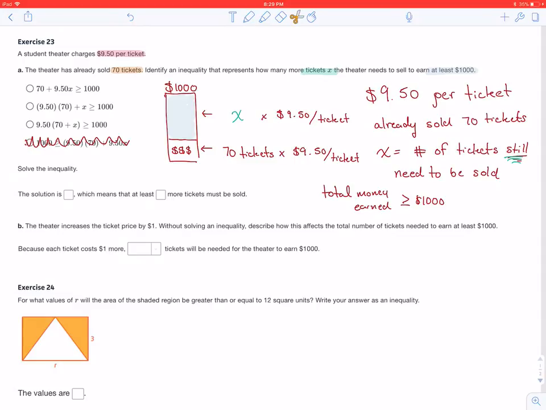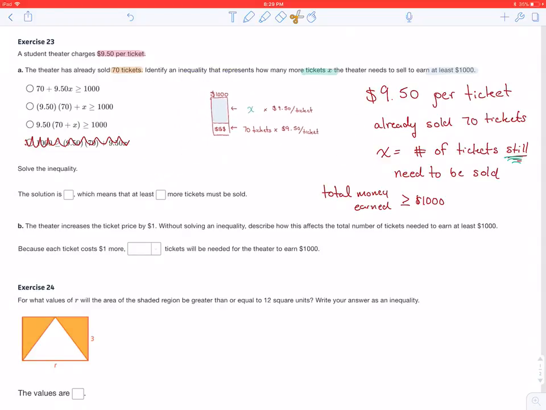Let me go ahead and make some space here for myself. I'm just going to minimize this a little bit. Like I said, if I want to find my total money earned, then I need to take the money that I have already started with in the scenario and add it to the money that I still need to make, and that's going to give me my total money earned, which I need to be greater than or equal to 1,000.